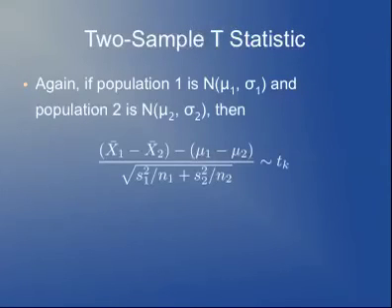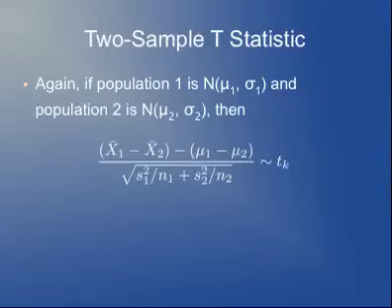So what you will use instead is the two-sample t statistic, which is the same idea as the one-sample t statistic. It's the same as the Z statistic, only rather than using the unknown sigma1 and sigma2 down here, you use the sample standard deviations in the denominator of this fraction.